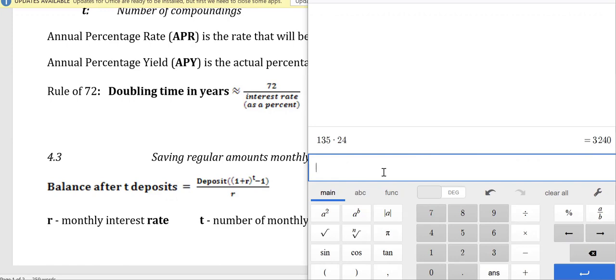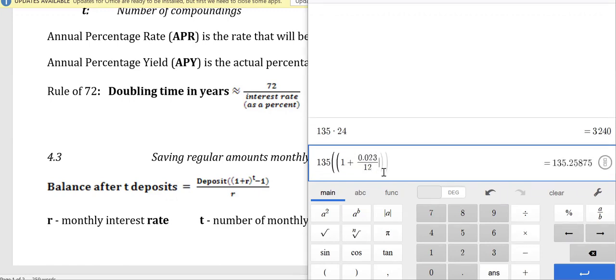Okay. So in any case, deposit 135 times (1 plus the monthly interest rate). I'm going to type 0.023 over 12, and then close parenthesis. Then to the power of, and on the Desmos calculator I can use this A to the power of B. I'm going to click that, and T is 24.